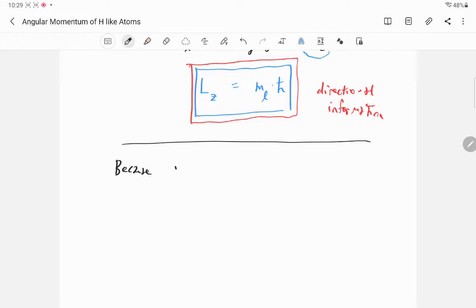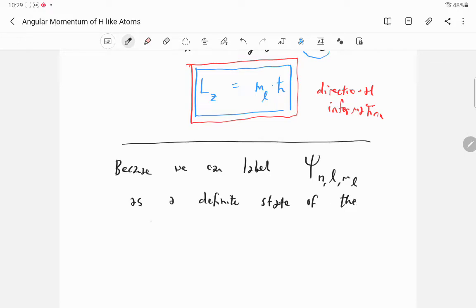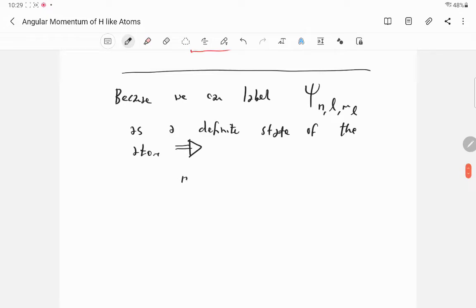Because we can label psi sub n L m sub L as a definite state of the atom, this means that n, L, and m sub L indicate knowledge we can have simultaneously.